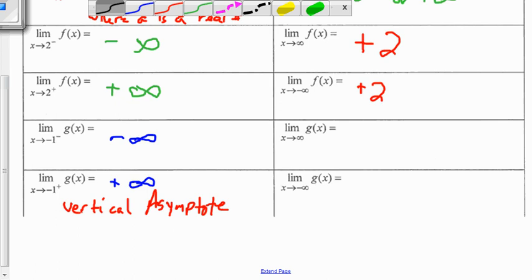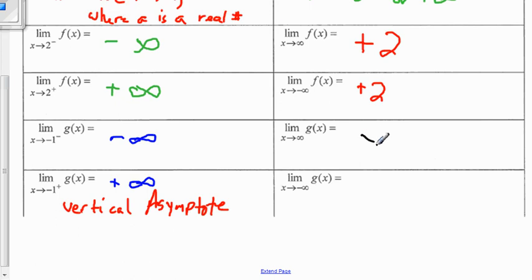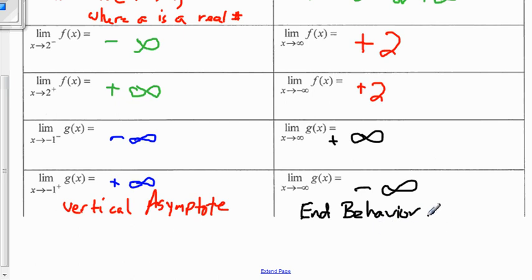For the limits at infinity, for g of x, as we approach infinity, going up the slant asymptote, we're also approaching positive infinity, and as we approach negative infinity, we're approaching negative infinity. What does this represent? It represents the end behavior of the function. And what does that lead to?